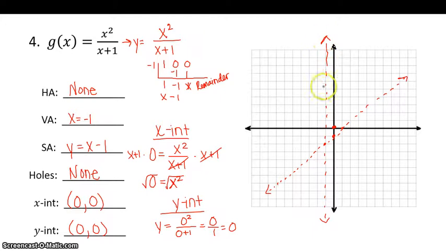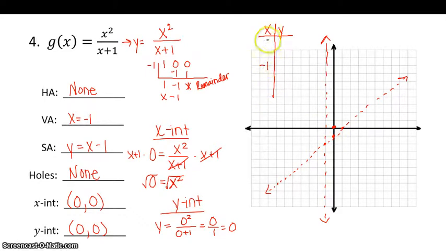Now, we only have one vertical asymptote, so you need to plot some points on the left side, pick some x values on the left of it, and pick some x values on the right of it. So just like kind of what we did before, where you make a table, and my vertical asymptote was at -1, so I'm going to put that in the middle of my table.